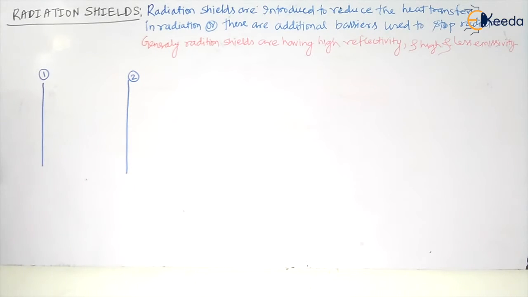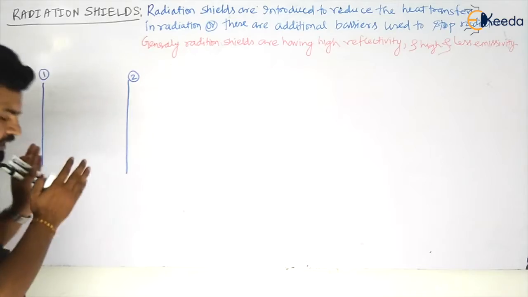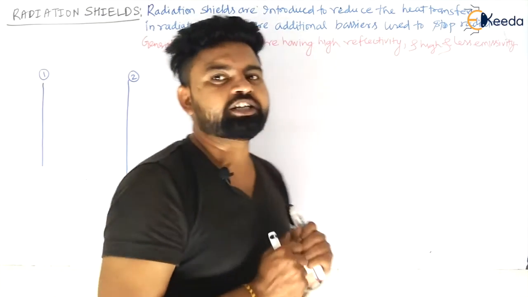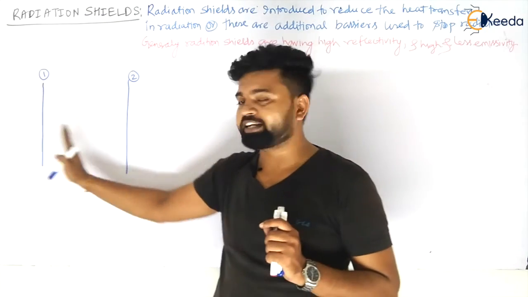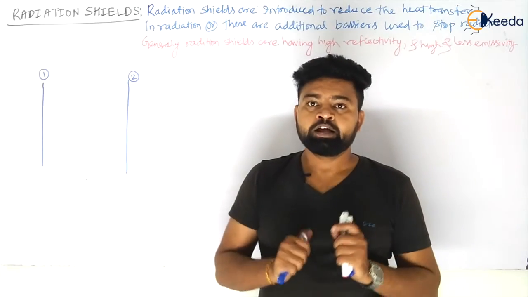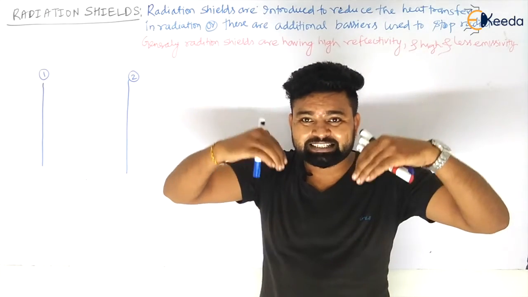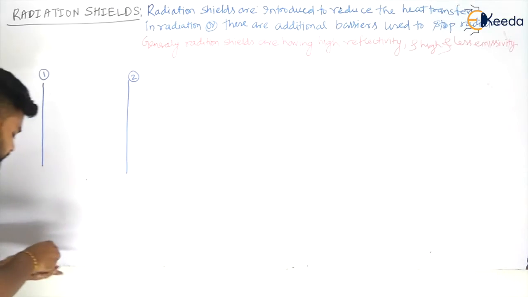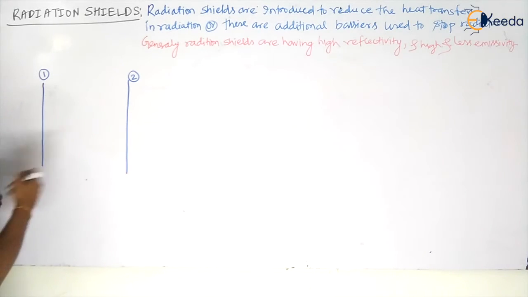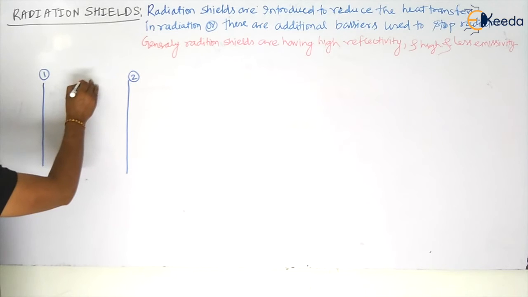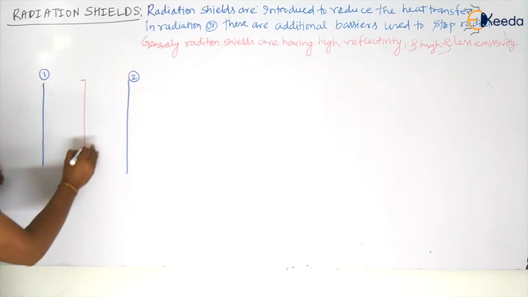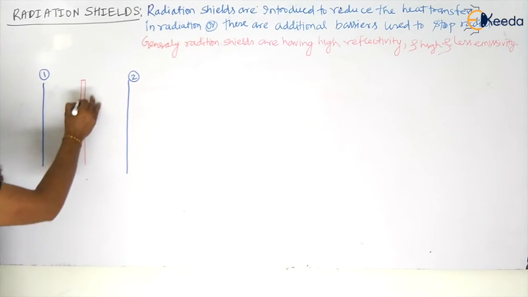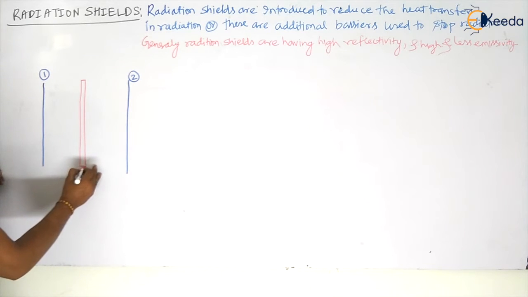They are exchanging heat in terms of radiation. So what I'm doing is keeping a radiation shield in between the two.